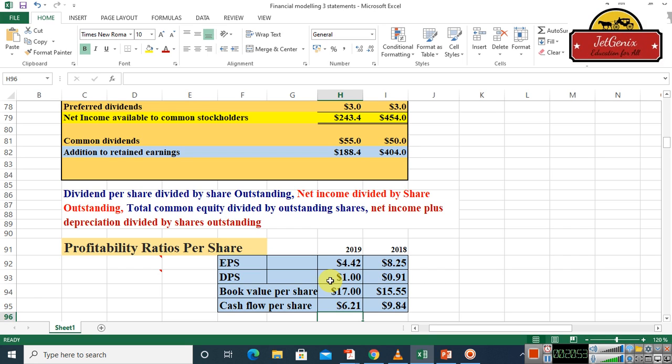Now why did we construct all these things and how can it help us? If you change these ratios, for example, if I change the dividend from 55 to 60, you can see everything will change here. Some change will happen in the dividend per share amount. You see this one, it changed automatically. But if you change this 50, let's say make it 78, I will press enter, now you can notice it will change automatically.